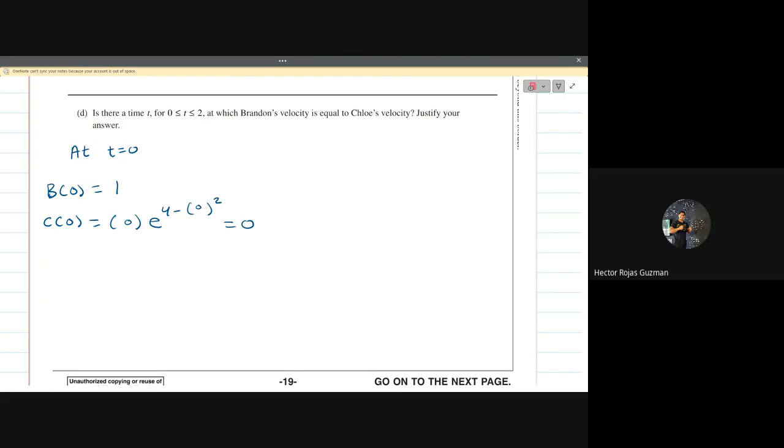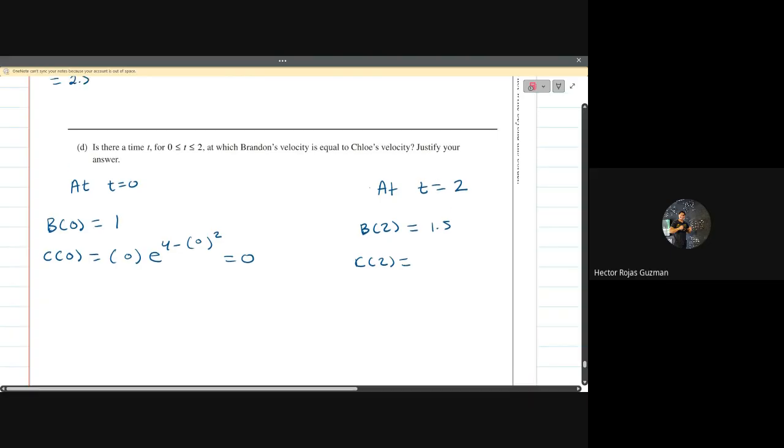At the beginning, Brandon has a higher velocity. What happens later? Let's say at t is equal to, and there's no way for us to know, you're just going to have to pick another value. Let's see if 2 works. Brandon's velocity at 2 hours is 1.5 given by the table. And then Chloe's velocity at t is equal to 2.